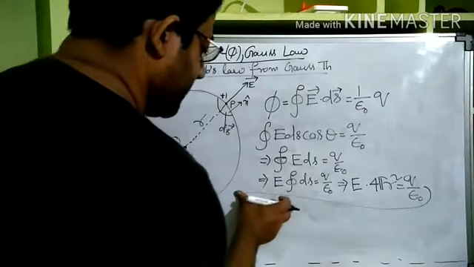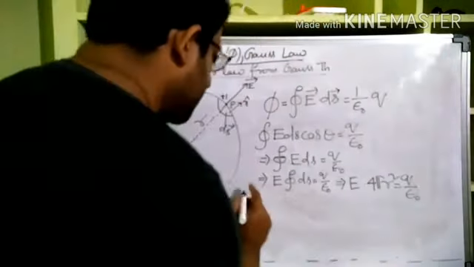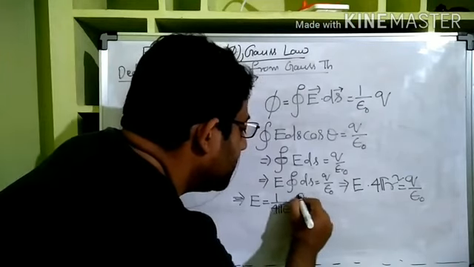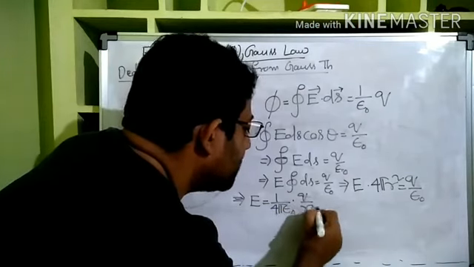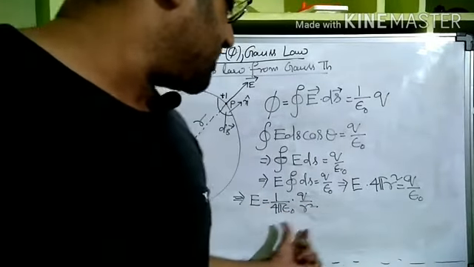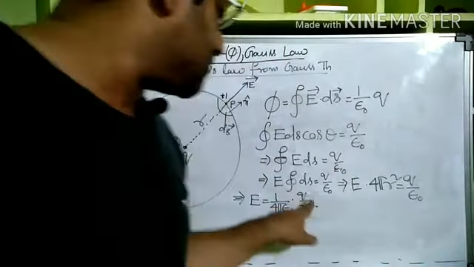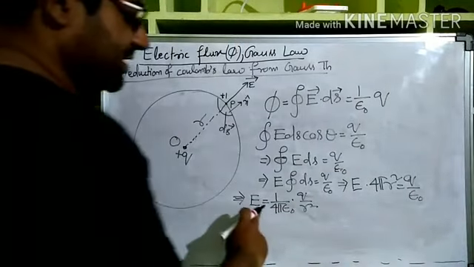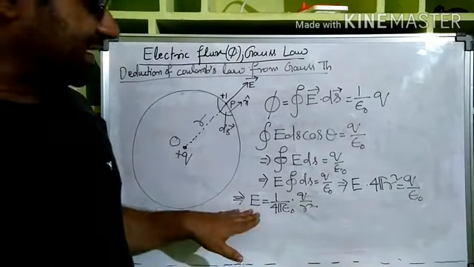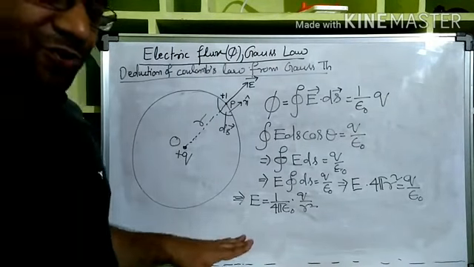And from here, E is equal to q by 4 pi epsilon naught r square. Yes or no? See, the 4 pi goes, 4 pi epsilon naught I wrote inside, this r square came, so q by r square. So E is equal to 1 by 4 pi epsilon naught q by r square. This is the electric field according to Coulomb's law only, right?